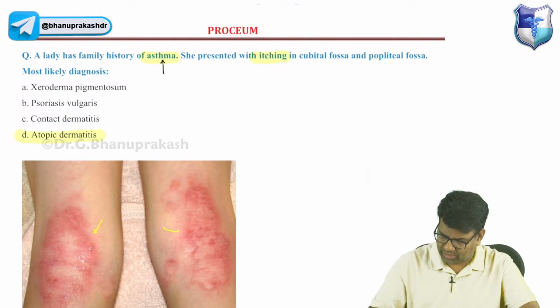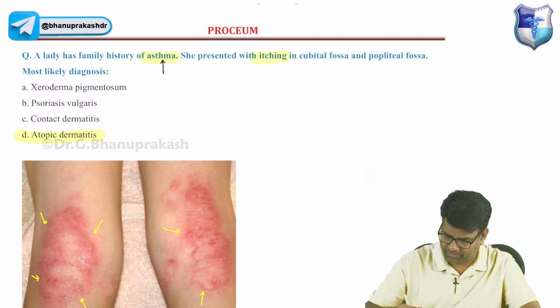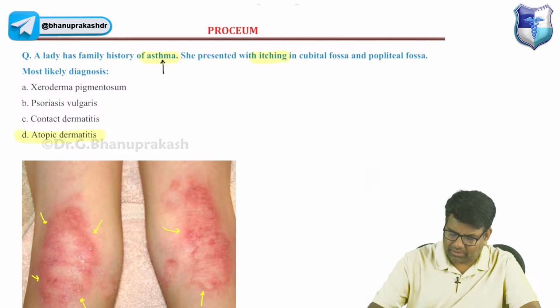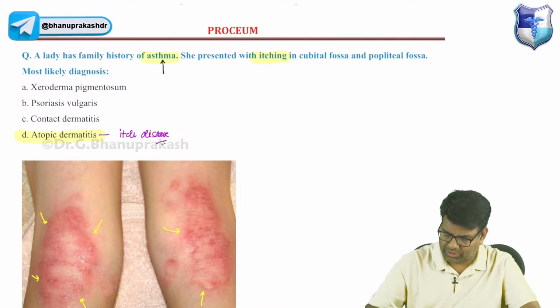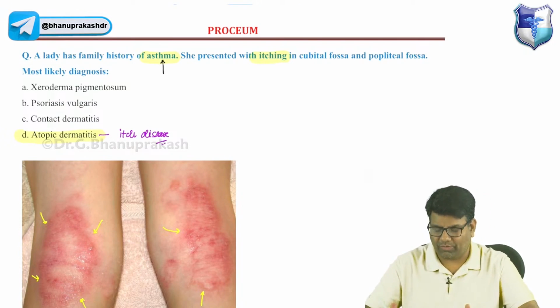There is so much of itching that led to excoriation of the skin. This is the classical picture of atopic dermatitis, and since there is so much of itching, this condition is also known as the itch disease, and there is always a family history of asthma.